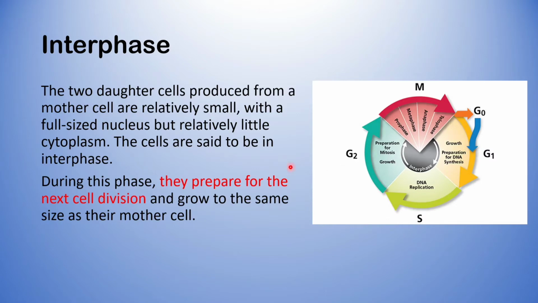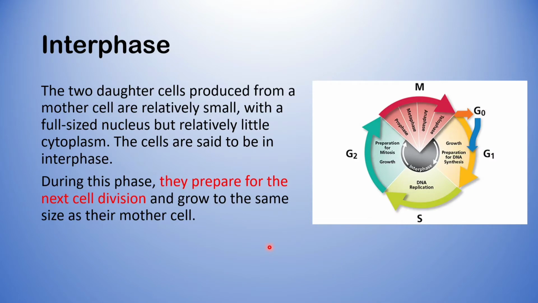The 2 daughter cells produced from a mother cell are relatively small, with a full-sized nucleus but relatively little cytoplasm. These cells are said to be in interphase.